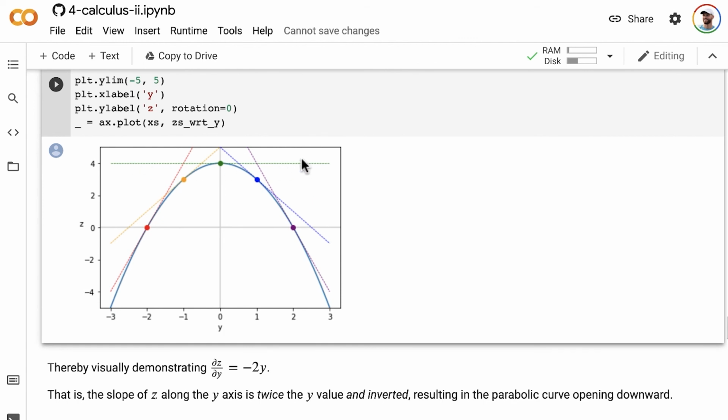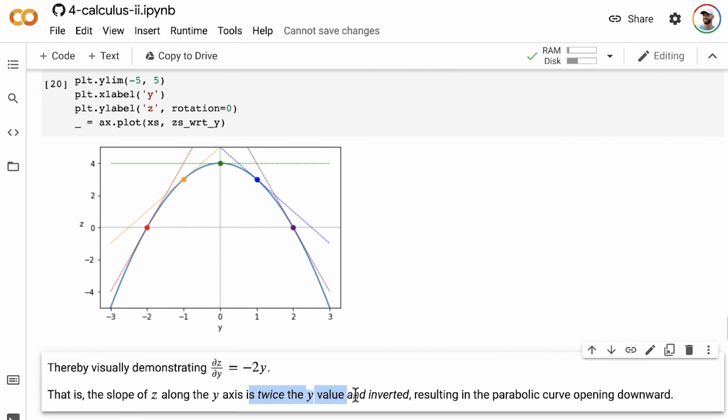It's flat. But as y is equal to positive 1, the slope becomes negative 2. And as y becomes 2, the slope becomes negative 4. And so not only is the slope twice the y value, but it's also inverted, resulting in the parabolic curve opening downward. Cool. So hopefully partial derivatives now resonate with you.